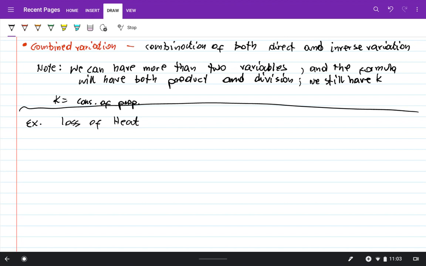The variables they talk about: L will be loss of heat, A will be area, so that's my second variable, and T will be the difference between temperatures. Instead of different variables for inside temperature and outside temperature, this is just one T. And D will stand for the thickness of the wall.